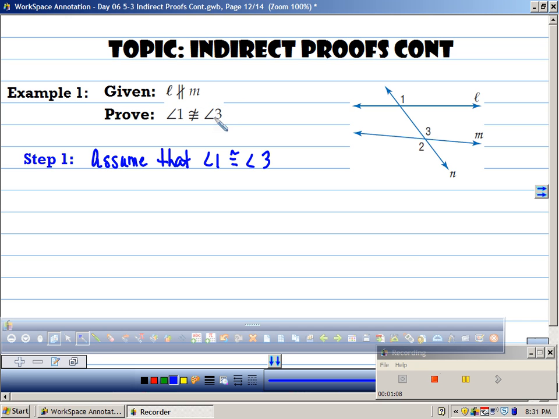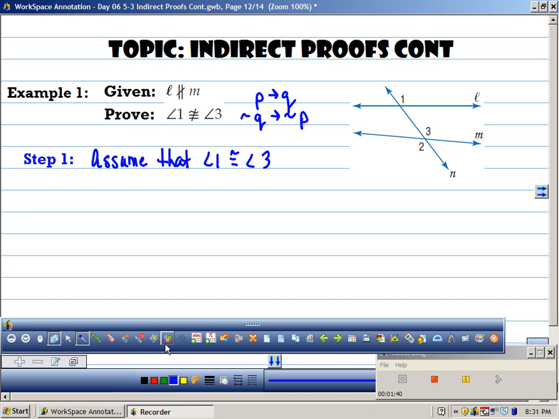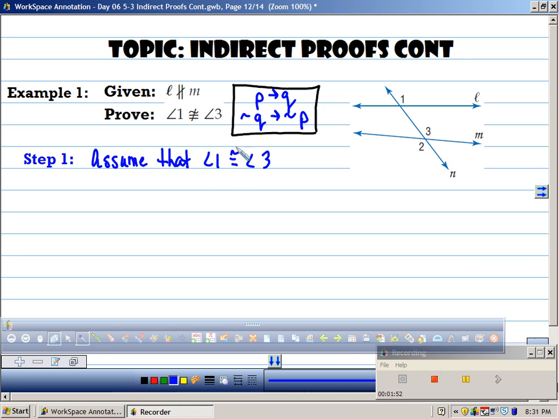If this is P and this is Q, and we're working with if P, then Q, the way to do the contrapositive would be if not Q, then not P. Let's just put that as a side note over here, not part of our proof, kind of just reminding us where we're trying to go. Okay, so assume that angle 1 is congruent with angle 3.